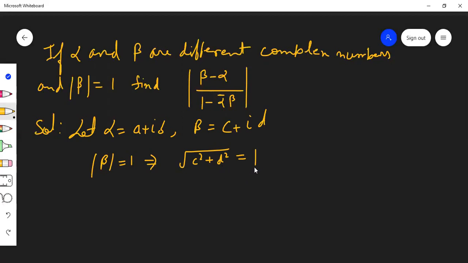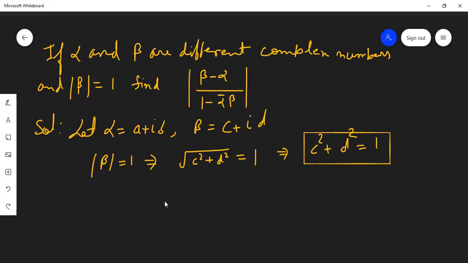Now if the square root of c squared plus d squared is 1, we can square both sides, and this will further imply c squared plus d squared is equal to 1. Here we get this information from mod beta is equal to 1, so we will use this in the calculation of this quantity.